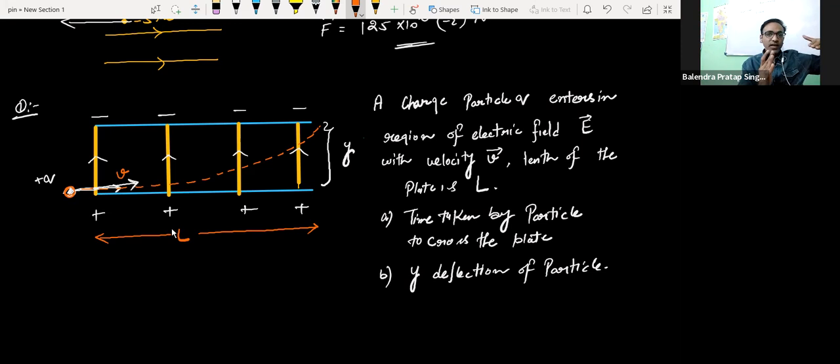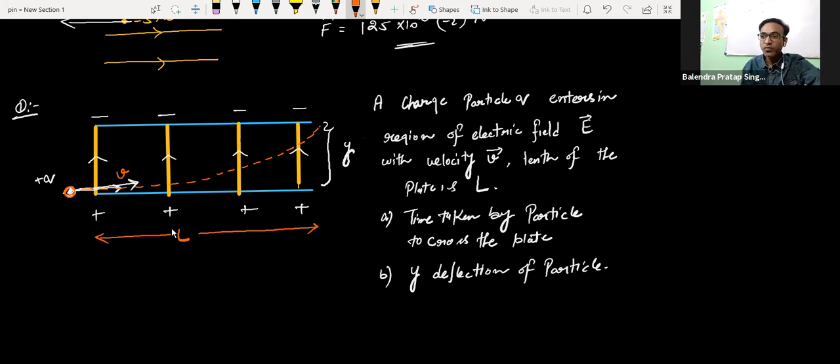After some time t it will cross the plate. So that's the problem: the time taken by the particle to cross the plate, and how much deflection y, what is the value of this y? These are the two parts of this problem.